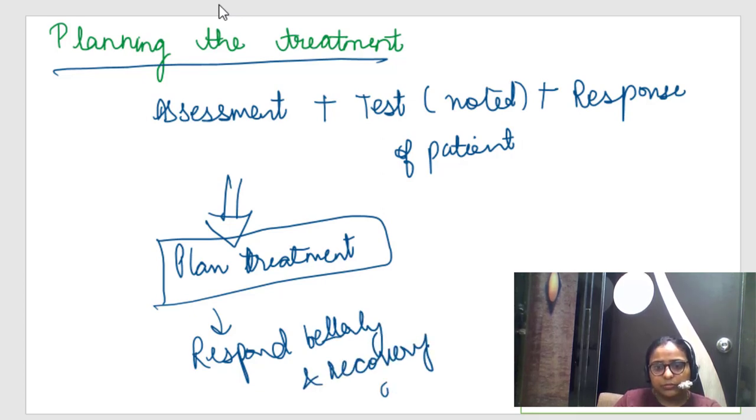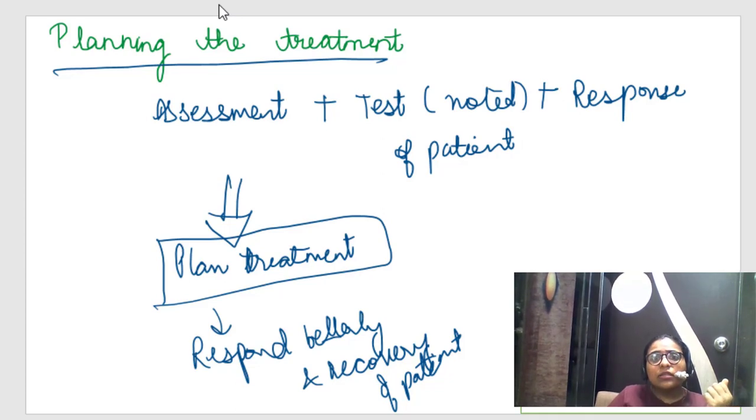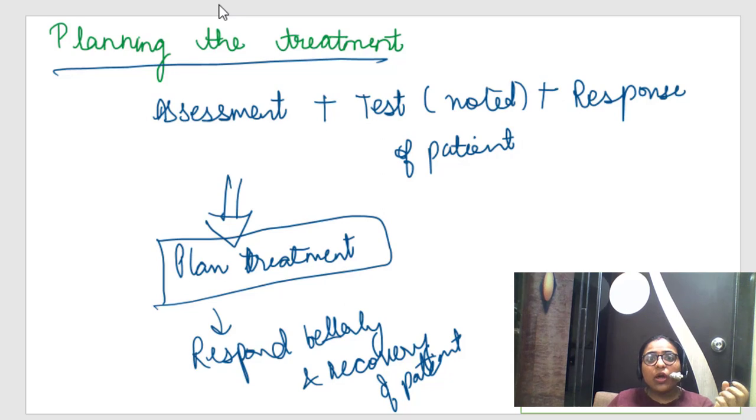So this is the purpose of learning the introduction to exercise therapy. What is the purpose of exercise therapy? First you meet the patient, understand his problems, know his history, and then assess the patient and do various tests in the assessment.